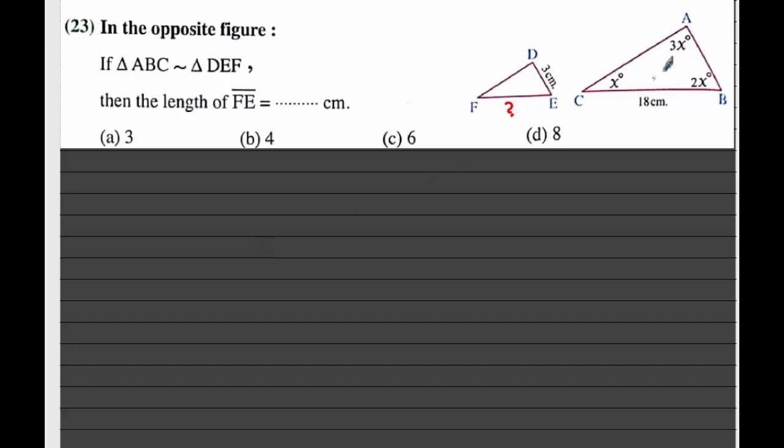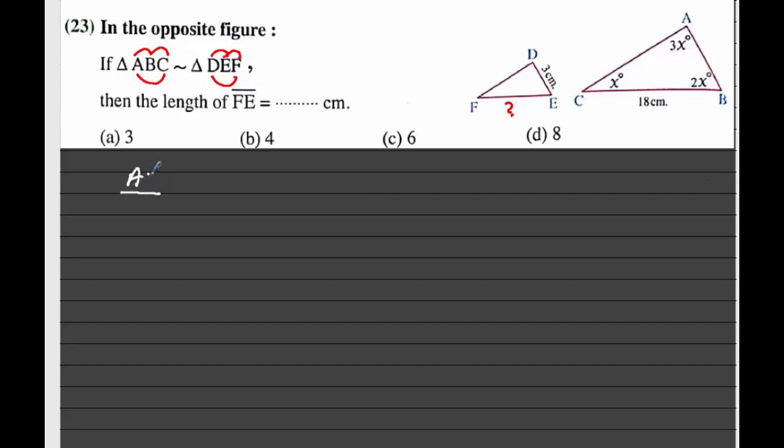So you can say that AB over DE equals BC over EF equals AC over DF, and it's better to write it here.